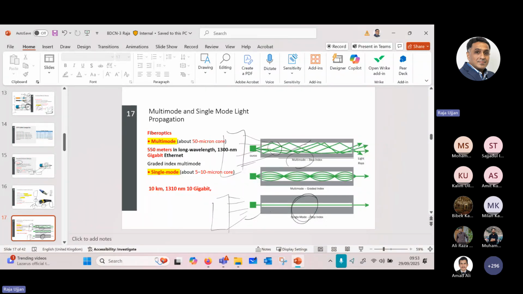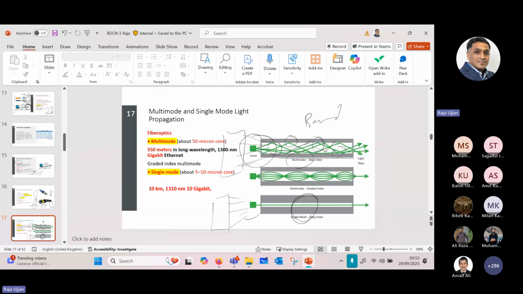One light goes here, touches here, goes there, touches there, so light makes its own direction, hitting and going back inside the glass. If you send light and it hits somewhere, it is reflected. Can you see that reflection? All fiber optic has reflection and refraction inside the cable, so this is good for higher speed and higher bandwidth.